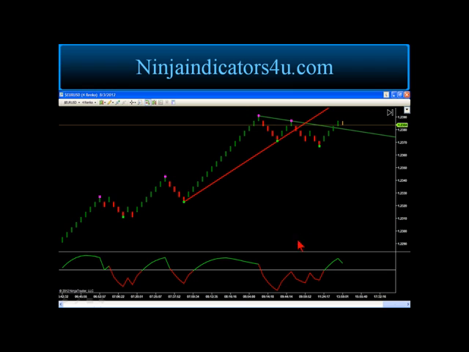And I wanted to mention that the DIX is a pretty good divergence indicator too. You can see it made a low right here, and then this bar here made a higher low, and then this bar here, which was actually lower than the original bar, is actually higher here, even though this bar is lower.